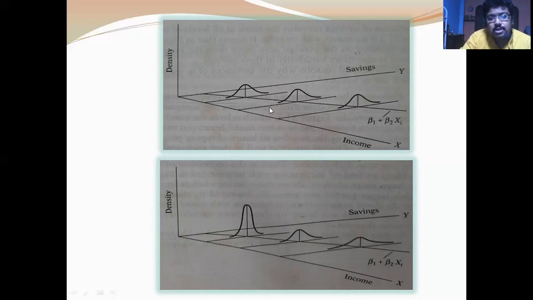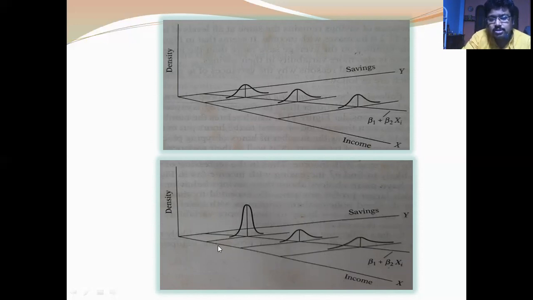You can say homoscedasticity in this case. And if you look at the second picture, you can find the same income and savings, where income is the independent variable and saving is the dependent variable.